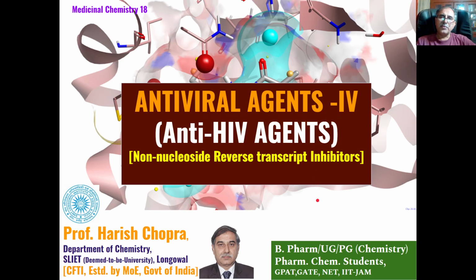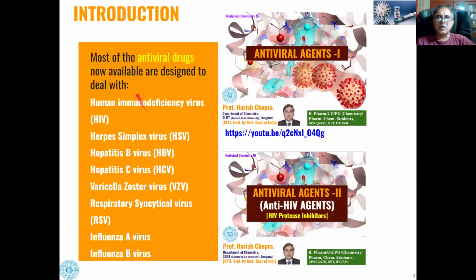During the first three lectures on antiviral agents, we have discussed details about what are antiviral drugs and what are the common viruses which are very prominent in different types of viral diseases.